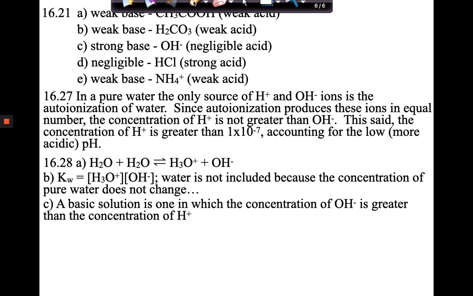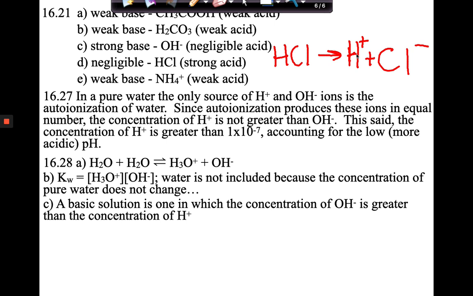So on letter D, the idea is this. We've got chloride ion. So from where does chloride ion come from? And the answer is chloride ion comes from the protonation of the acid HCl. Okay, so we know that HCl is a strong acid. And guys, if you haven't committed the 7 strong acids to memory, you have to do that.